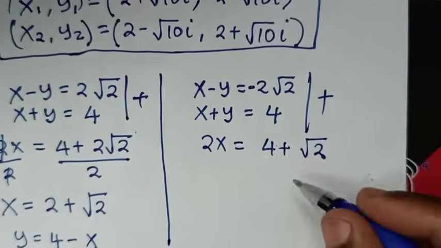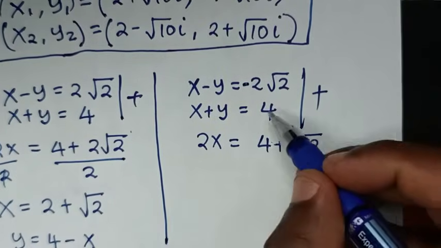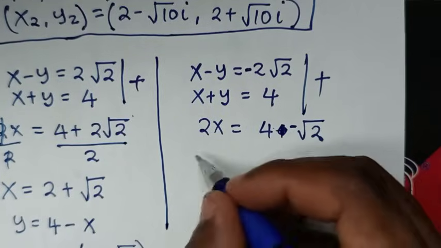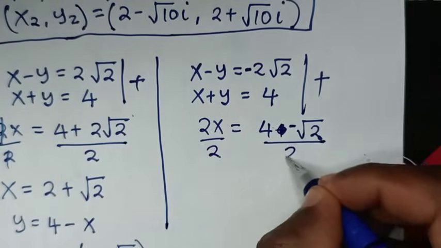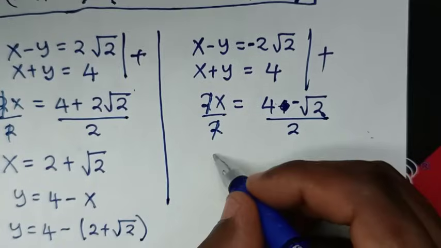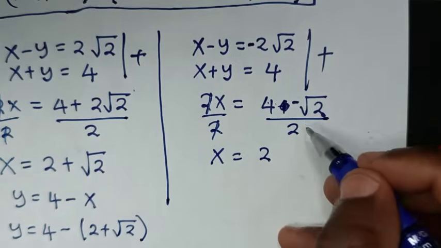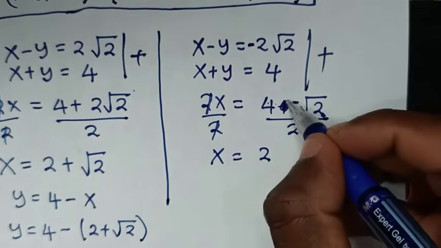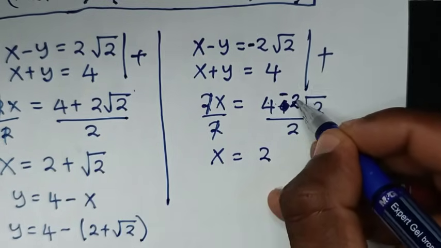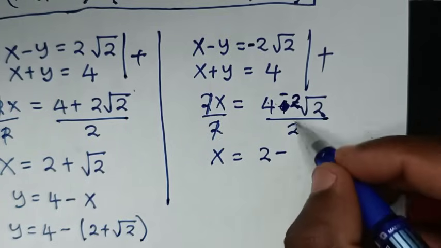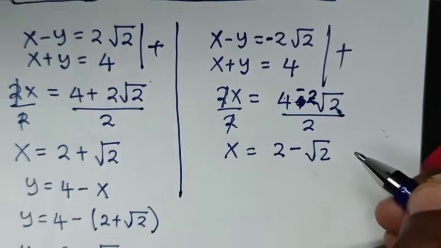So in here it will be 4 minus. Then we divide by 2 on both sides, this and this will cancel. Then x is equal to 2, and in here it is negative 2 square root of 2. So this divided by this, this and this will cancel, square root of 2.